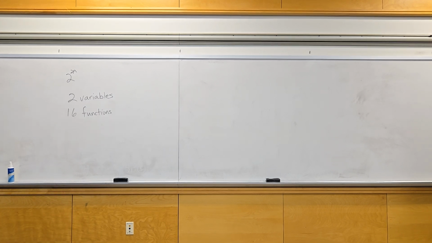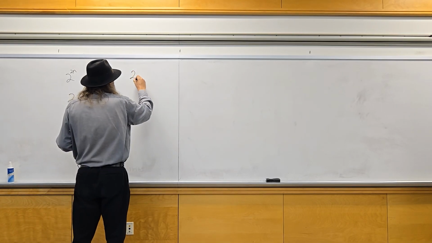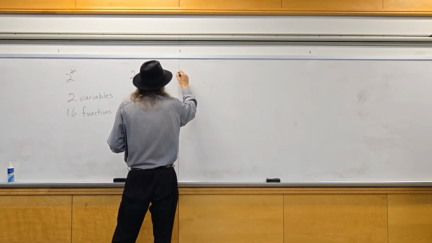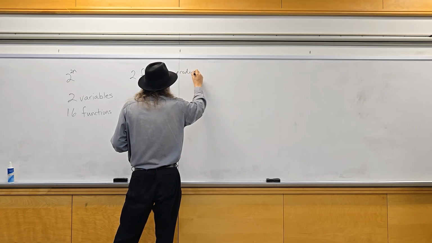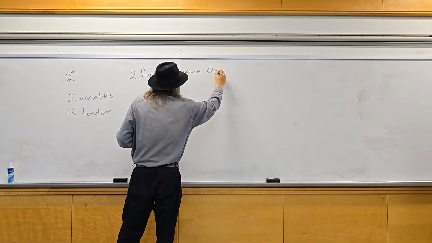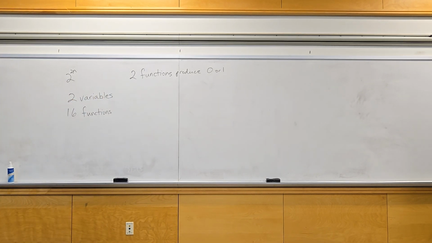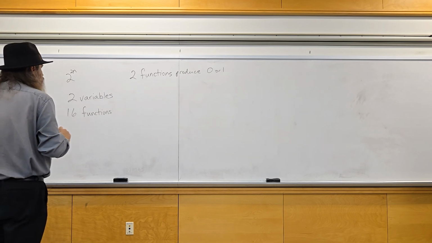Okay. Let's see here. Two functions produce a constant, 0 or 1. Four functions with unary operations, complement and transfer.